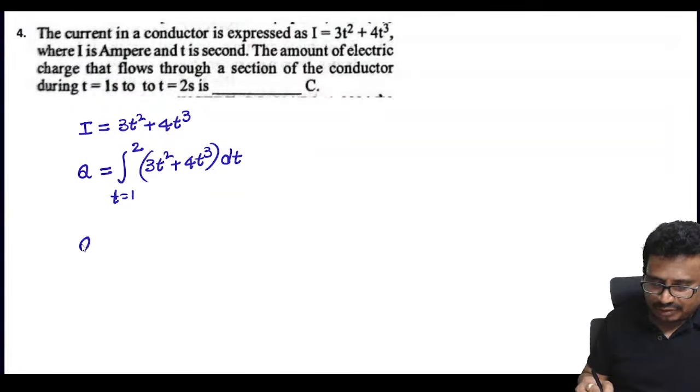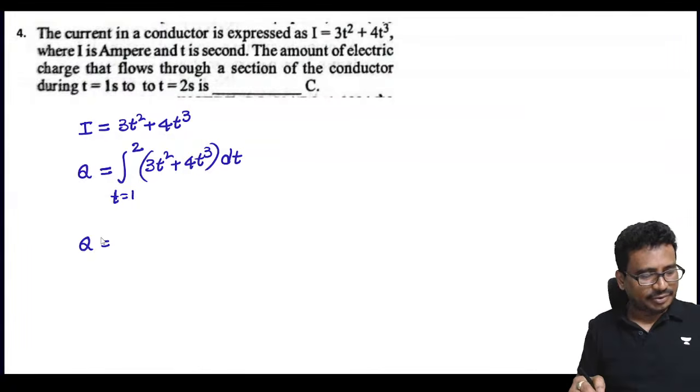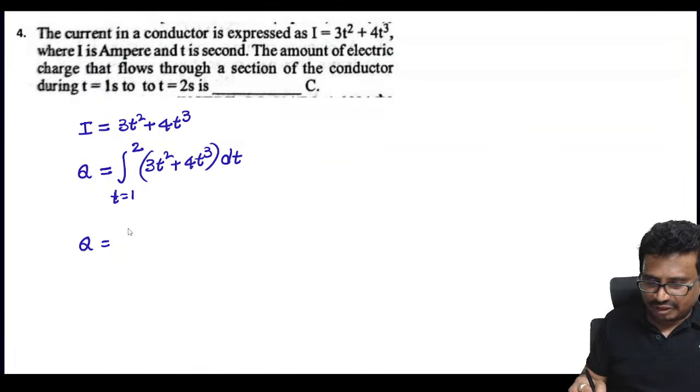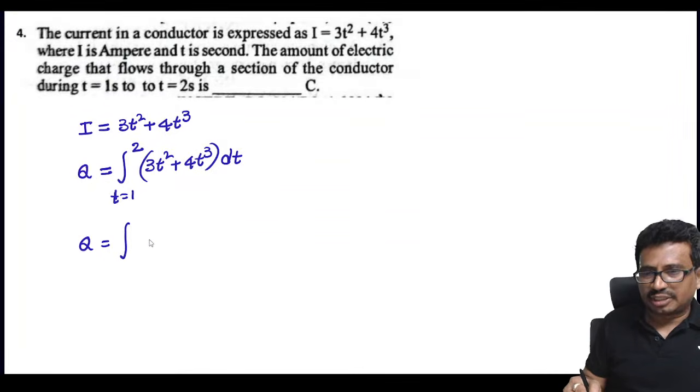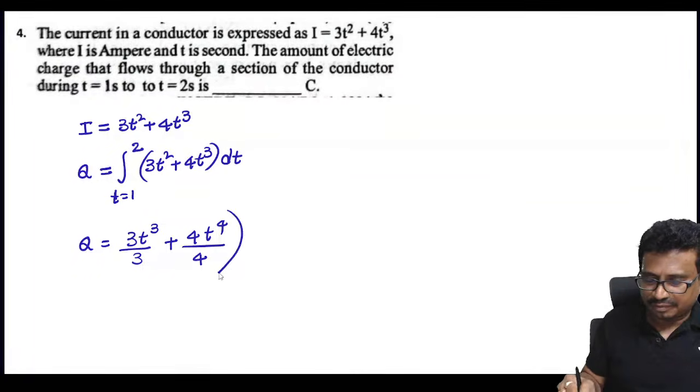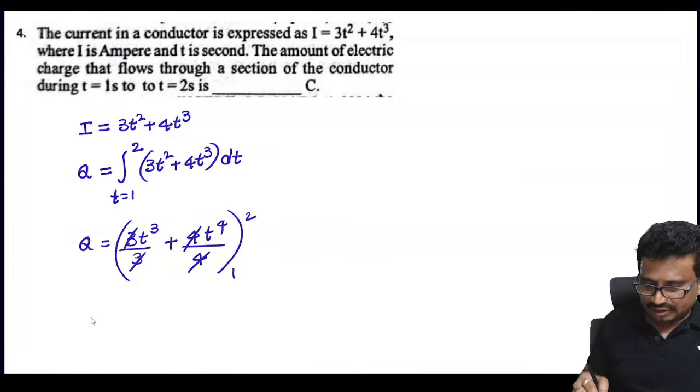Now integrate and simplify. So integration will come to be 3 into t cube by 3 plus 4 into t power 4 by 4, limits 1 to 2. 4, 4 cancel, 3, 3 cancel.